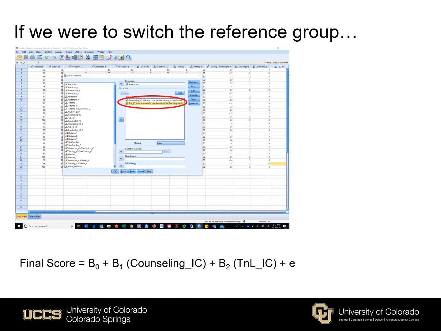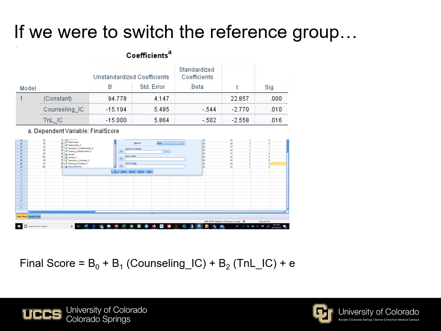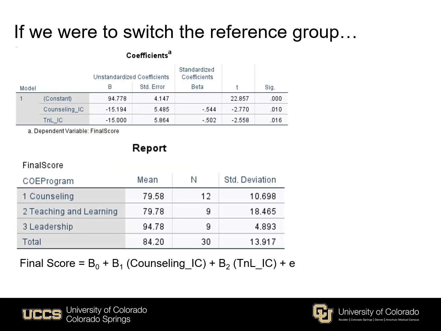Okay, so now the model looks like this, with the counseling indicator code and the teaching and learning indicator code in the model. The resulting regression output and corresponding descriptive statistics look like this. And as you can see, the coefficients for counseling IC and teaching and learning IC are both around -15.